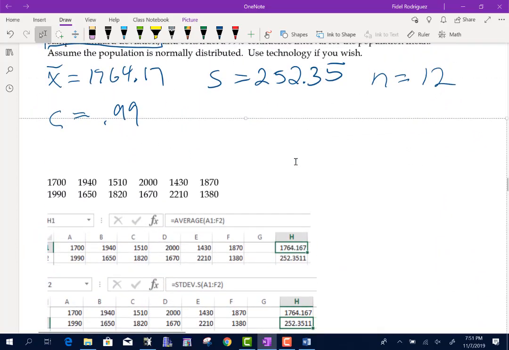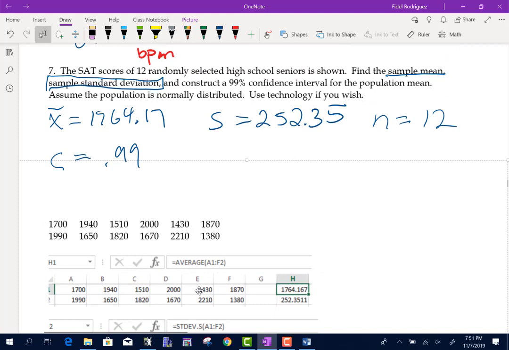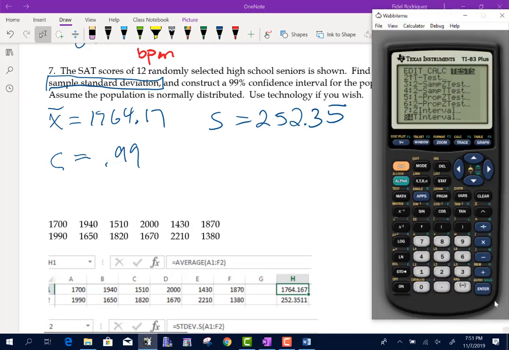Okay, so let's see. We said we're going to use the T interval, so guys, I'm going to go like that. And let me see. Did it already put all that information for me? Looks like it did, right? The only one that we have to fix is which one? The C level, right? So what number are we going to put? 0.99. Okay. We're going to calculate it out.